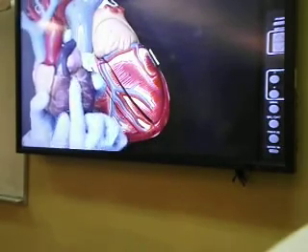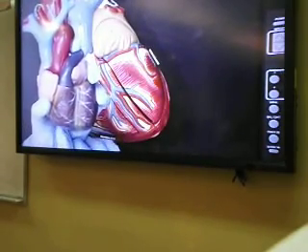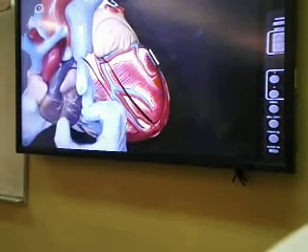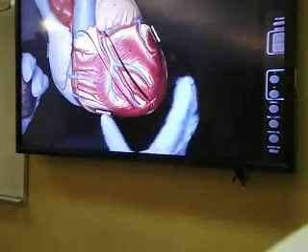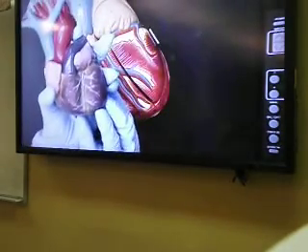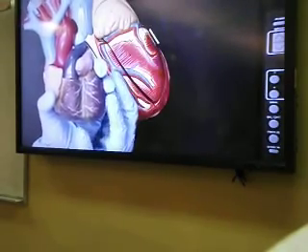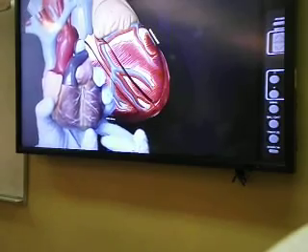This groove we call the anterior interventricular sulcus, and it is shown here better than in this model, because when you are seeing from the anterior view, it should be ending anatomically right of the apex.